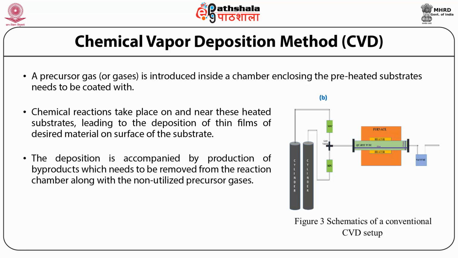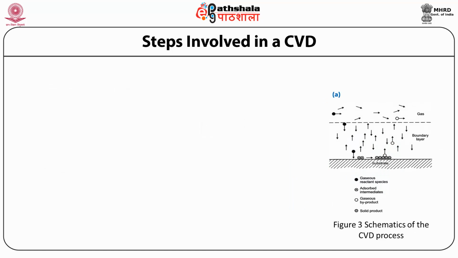The deposition is accompanied by production of byproducts which need to be removed from the reaction chamber along with the non-utilized precursor gases. Figure 3 shows a conventional CVD experimental setup along with the schematic of the process.